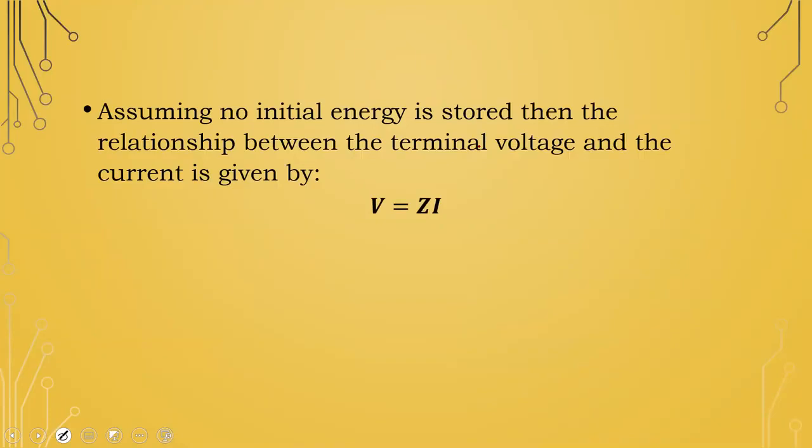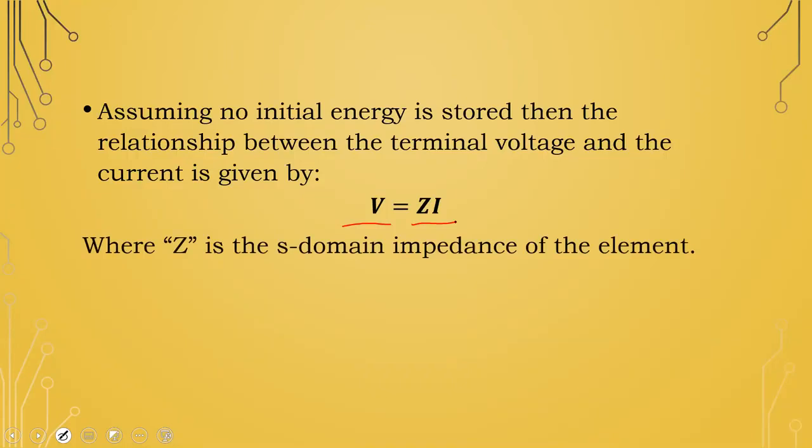Nothing fancy. So in the Laplace or frequency domain, the voltage in the frequency domain is equal to the impedance times the current in the frequency domain. It's not different from what we would have expected in the time domain, where Z is the S domain impedance of the element.